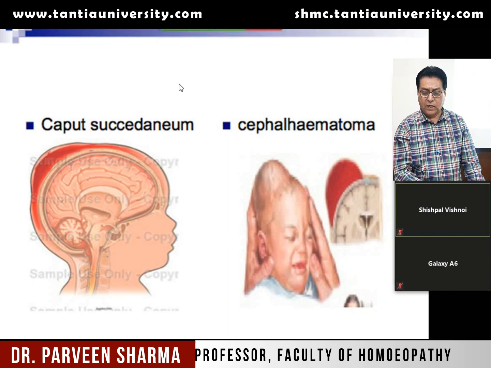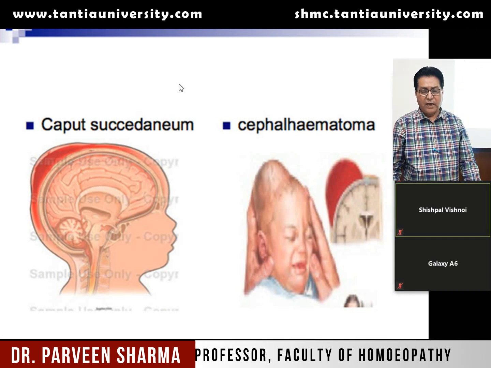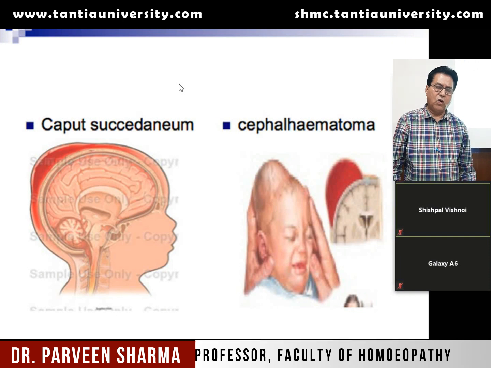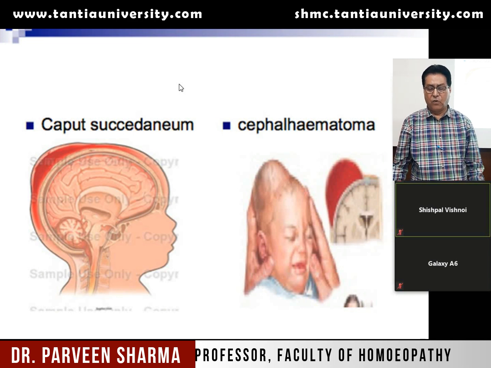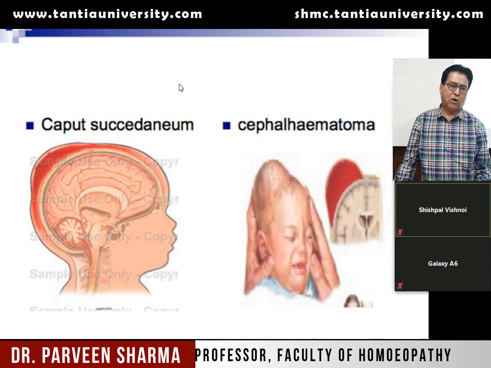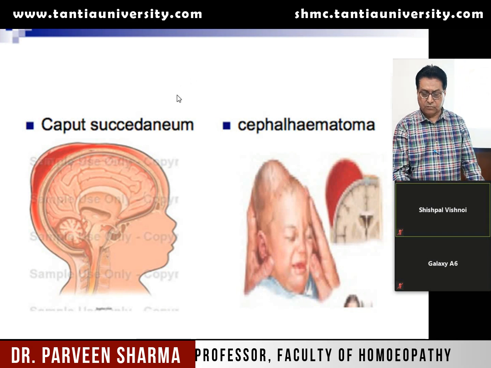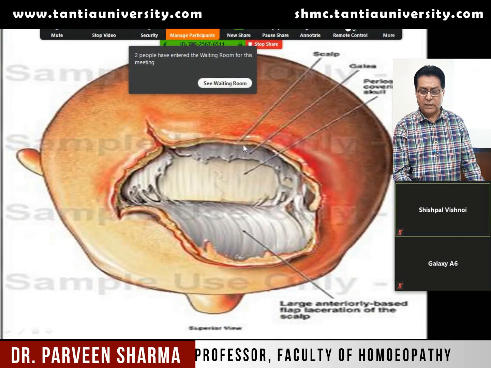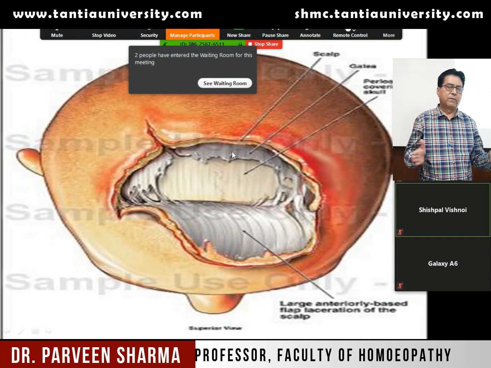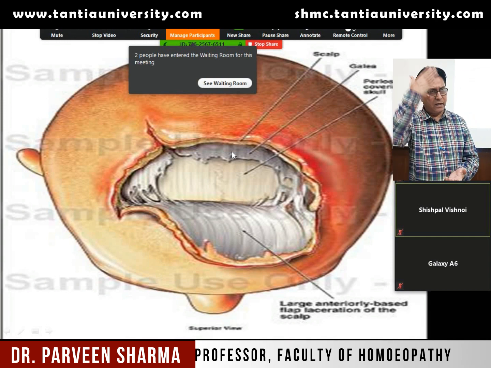Then I told you, other than that, the skull has got rich nerve supply as well as rich blood supply. So any injury of the skull takes less time to heal, because the blood supply is more and the healing will be rapid in case of the skull. So the wounds of the skull do not gap unless they are cut transversely.